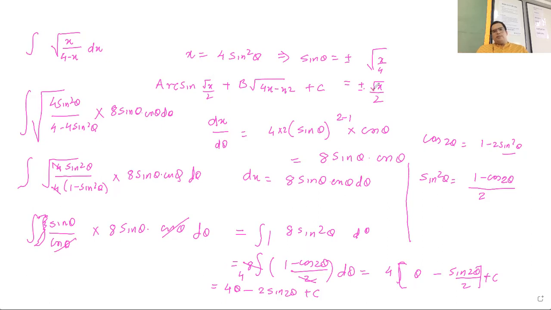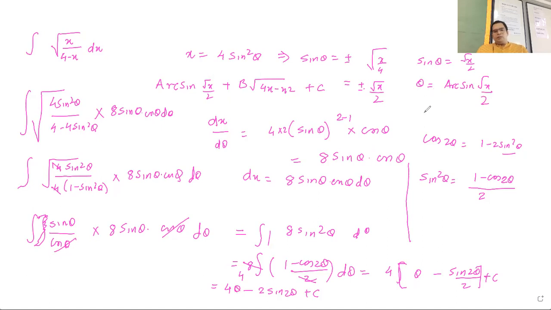So I take only the positive, let sine theta be root x by 2, and hence theta is going to be arc sine root x over 2. So that comes out here in place of theta.